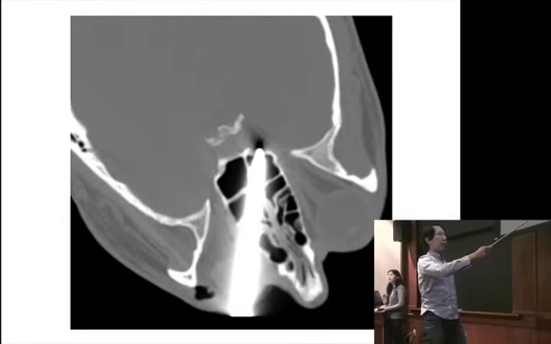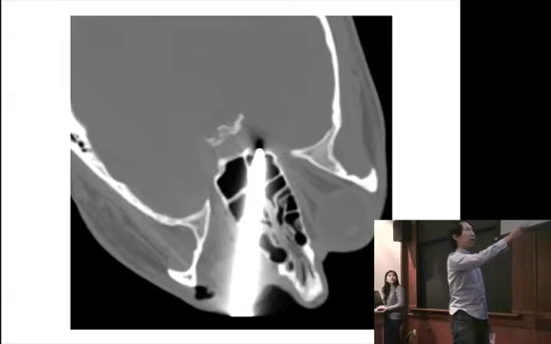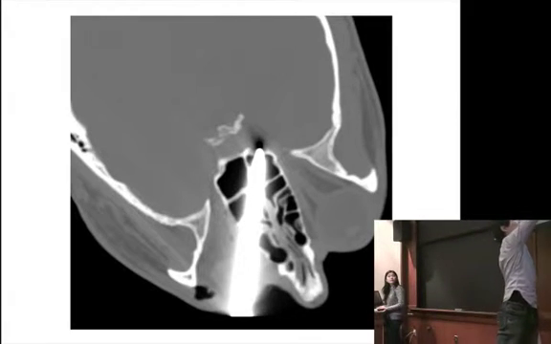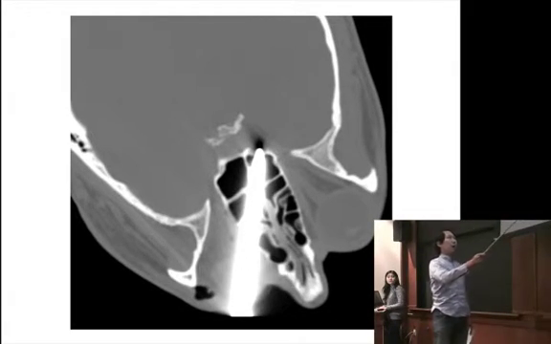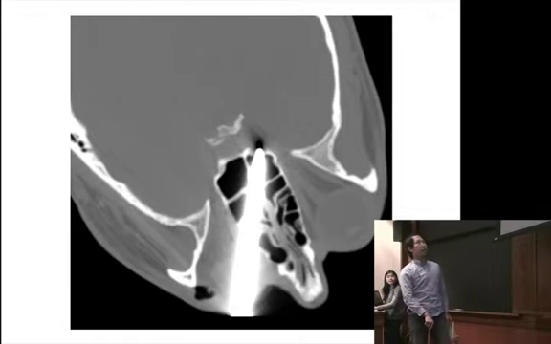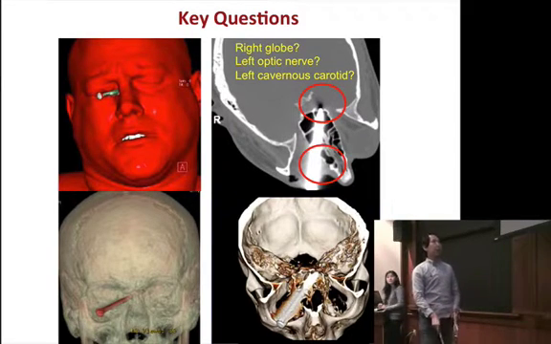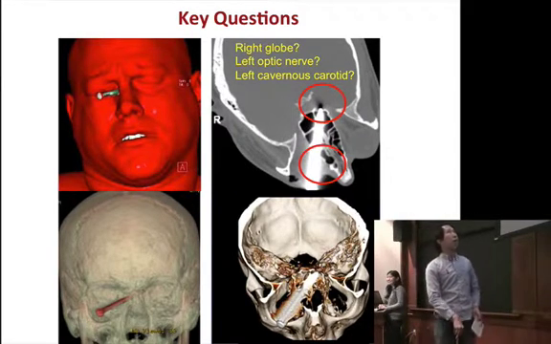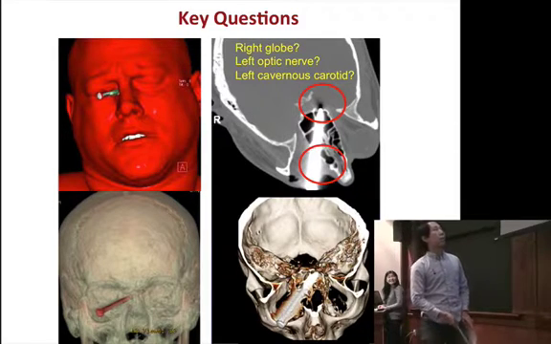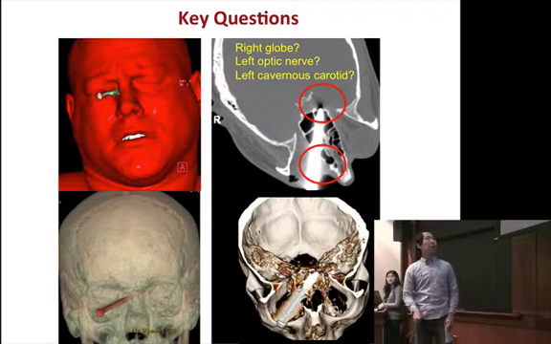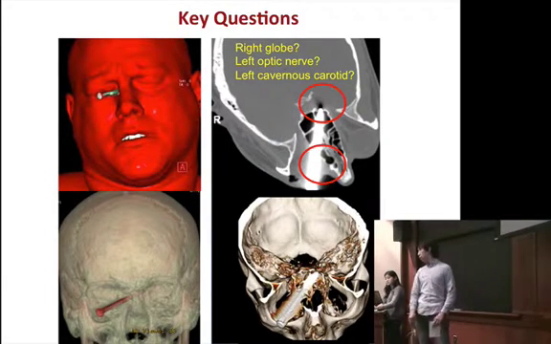Because the nail is metal, it appears with a bright flare and has a very large streak artifact that makes it very hard to decide its exact position relative to the optic nerve and artery. The question here is whether the nail has damaged the optic nerve or the cavernous carotid sinus. If the nail has damaged the artery, there will be severe intracranial bleeding and it will be deadly for the patient.